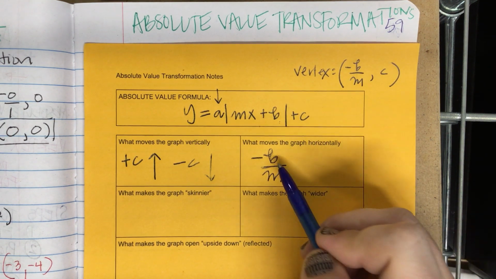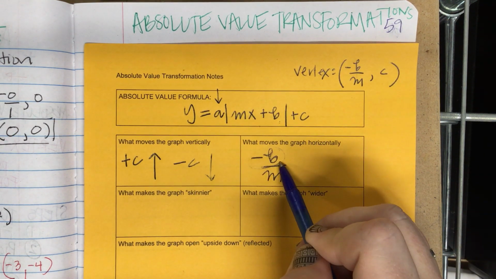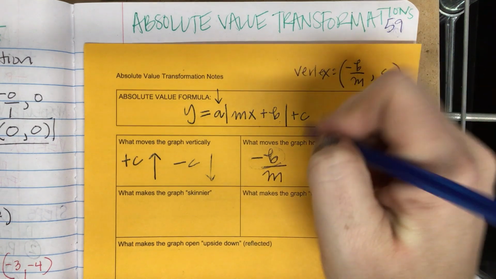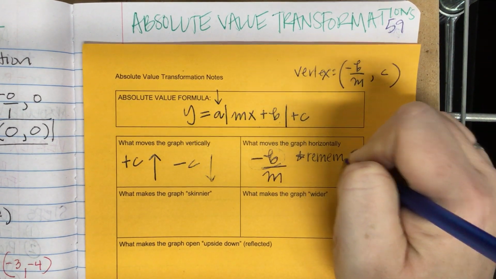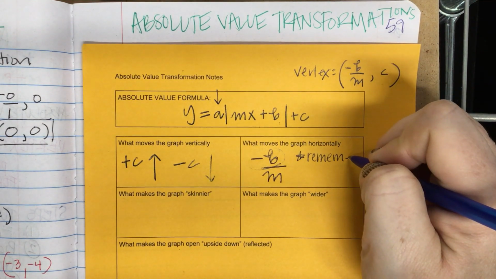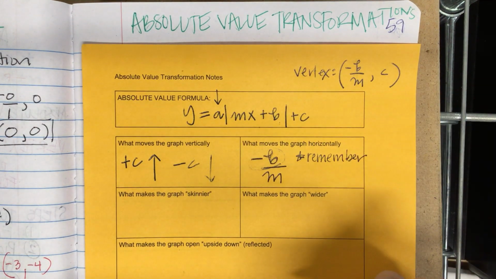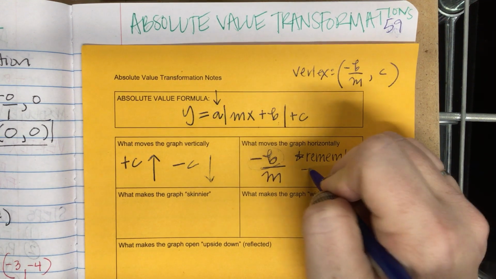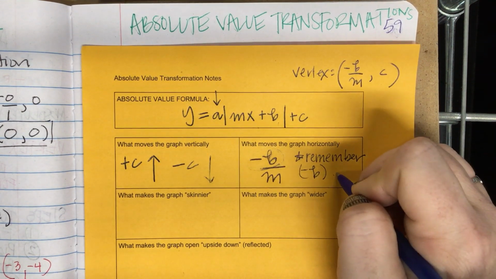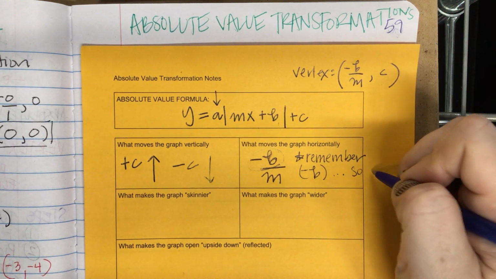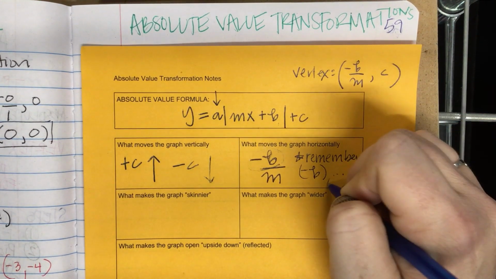Because it's already negative, and then when you plug it into the equation, it's also negative, and 2 negatives make a positive. Correct. Remember, it's negative b, right? So it moves the opposite way.